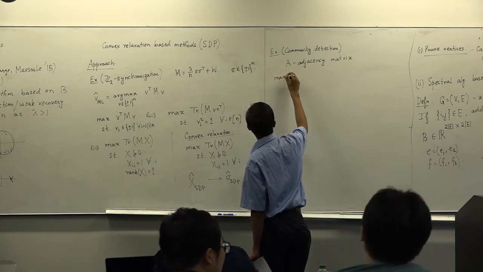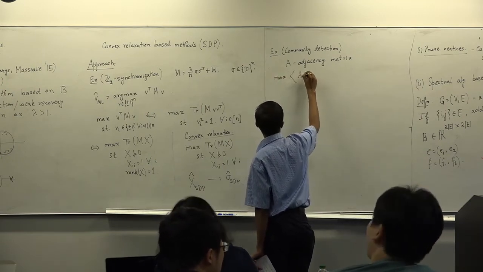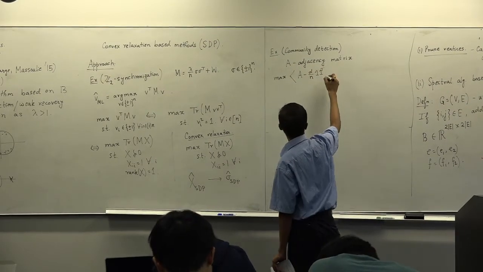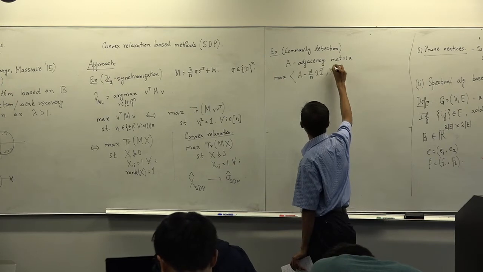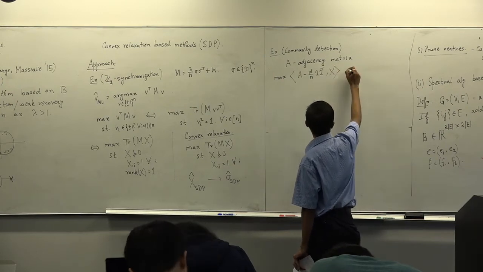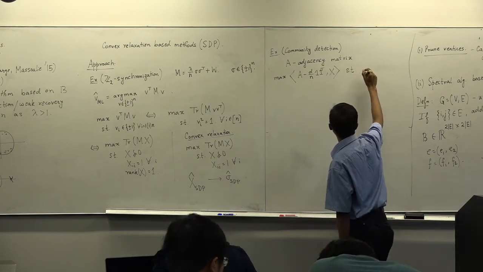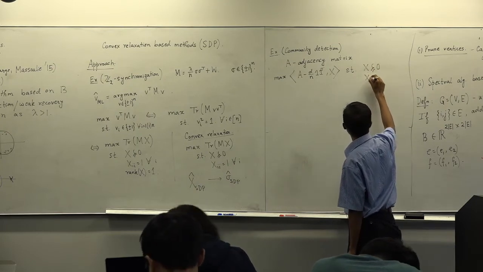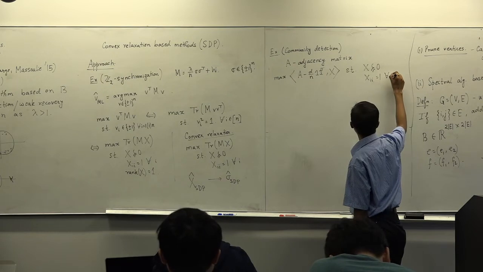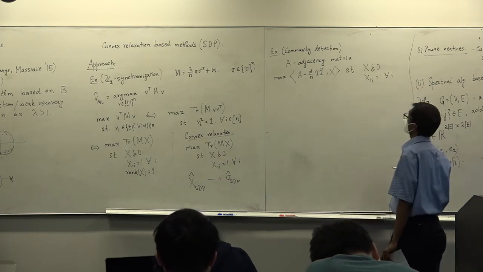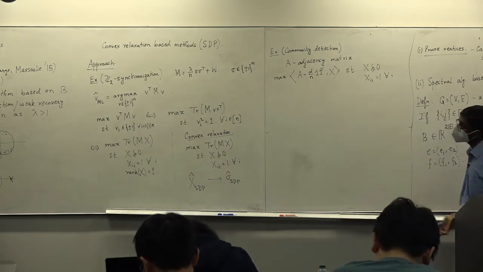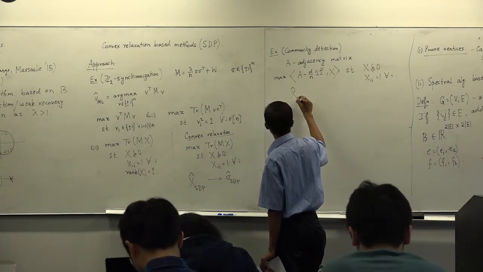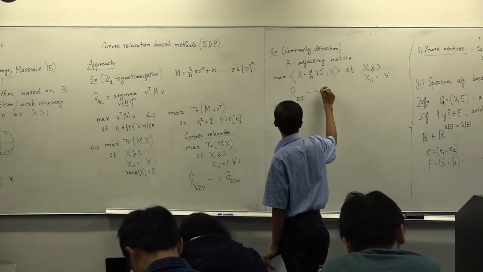You maximize A minus D over N, 1, 1 transpose, and X, subject to the constraint that X is positive semi-definite, Xii is 1. And then once you get the solution, you round it. So you get X hat SDP, and you round it to get some sigma hat.